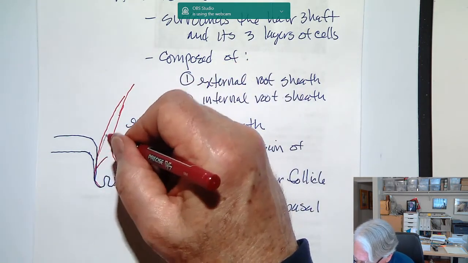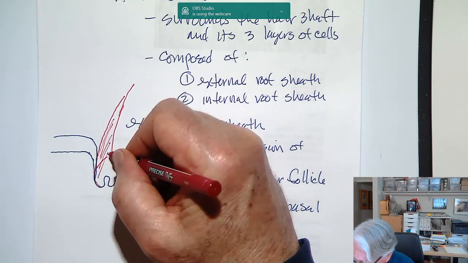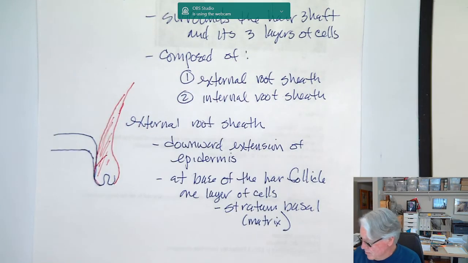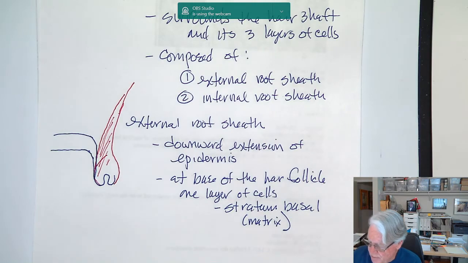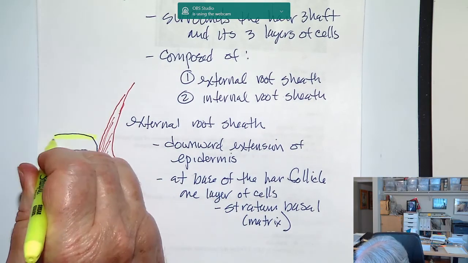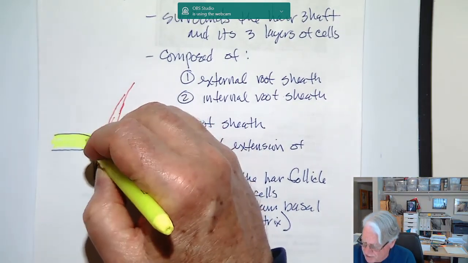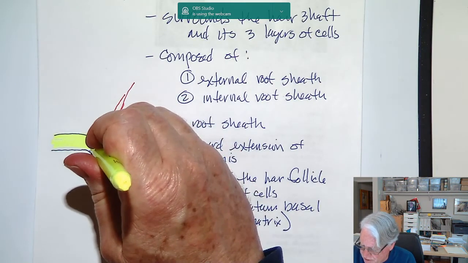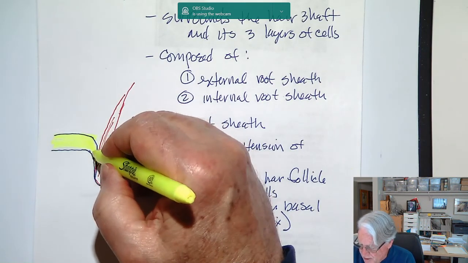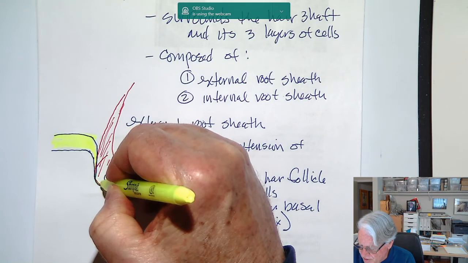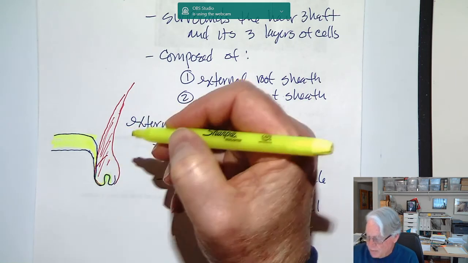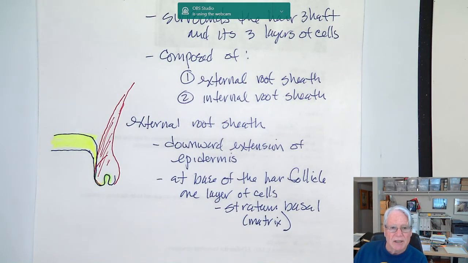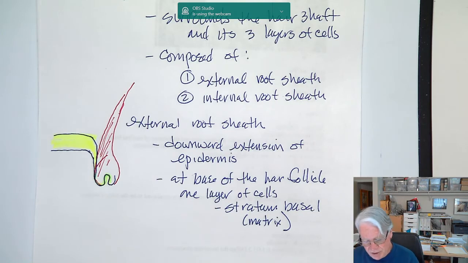So this is my shaft, and the thickness of the epidermis is normal here on the surface, but as it dives down, layers of cells just start dropping off, slowly, until we finally get to a single layer of cells here, which is going to produce our matrix.